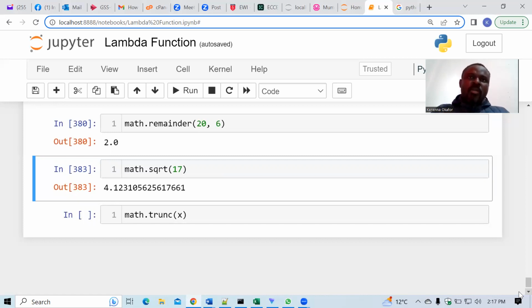Now the trunc method returns only the integer part of the argument. But in this case, there are two arguments, the quotient and the divisor.